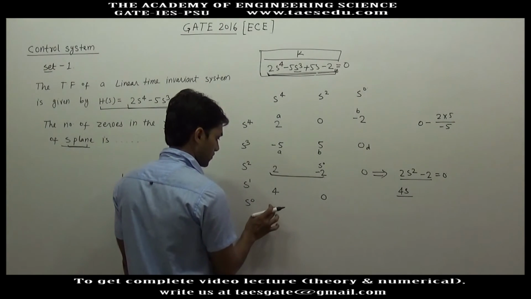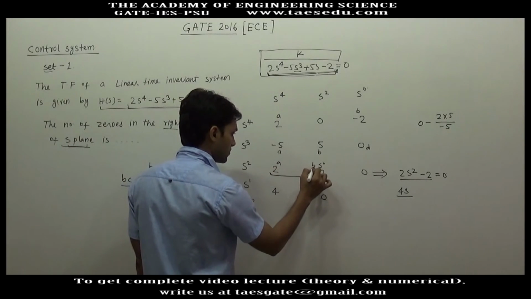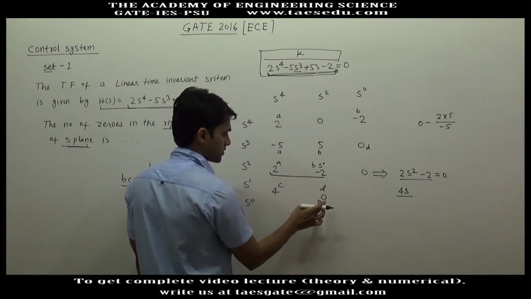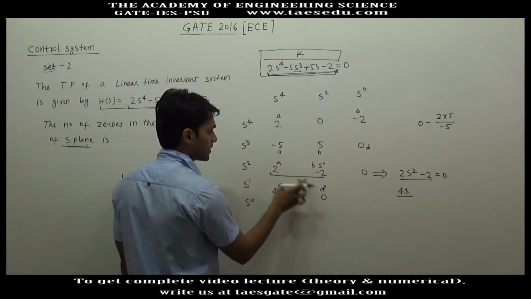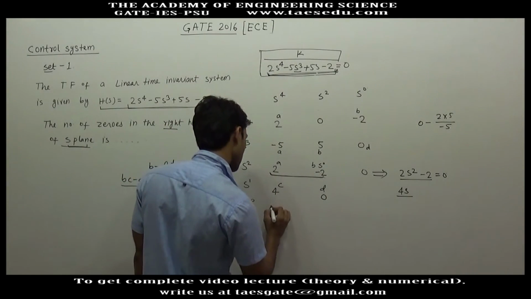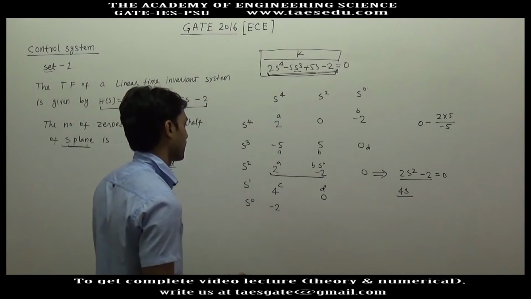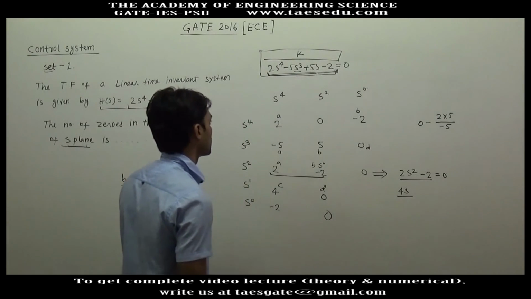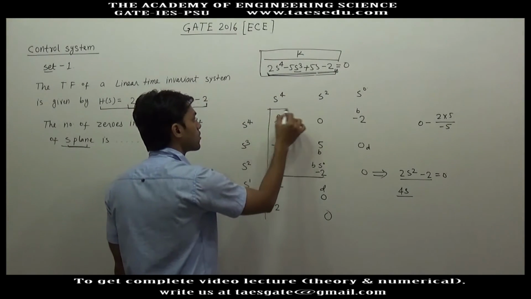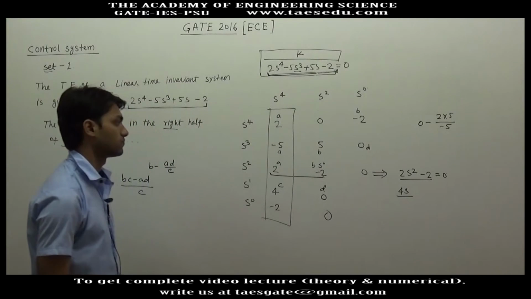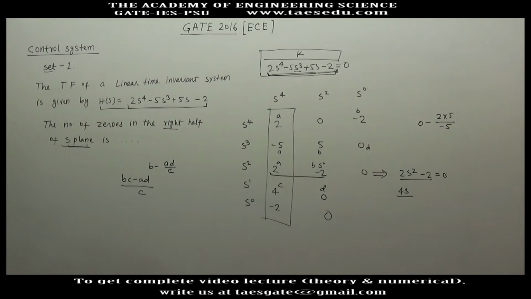Okay, to find this element, this will be A, this will be B, this is C and this is D. Since D is 0, AD will give you 0, so we will have here minus 2 only, and here 0. Now we will check the first column of the Routh-Hurwitz table. Okay.